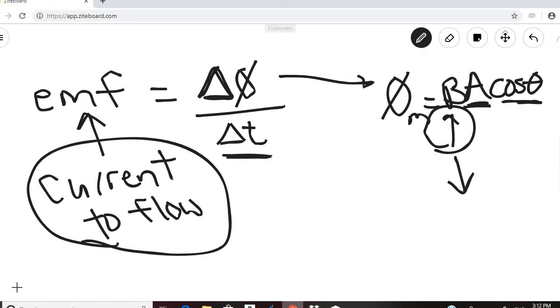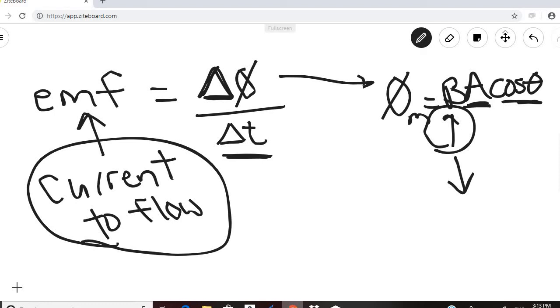So the sign of the change: when magnetic flux increases, the change in flux is positive. When the magnet is pulled away, the flux decreases, so the change in the flux is negative.